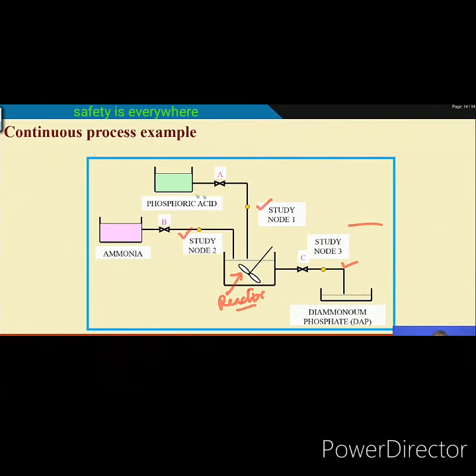Also, the preceding part, meaning upstream and downstream, can be understood with these study nodes. Another study node is after the reactor, because if these two study nodes say things are correct, then this is next. What will happen here? Maybe the problem is here, and this can be understood if we consider a study node here.